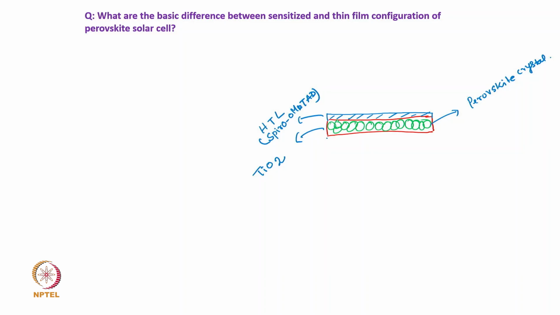And then here we have a TCO, and we can also combine this and call it the electron transport layer and TCO, and then here we have one more layer, a metallic contact.